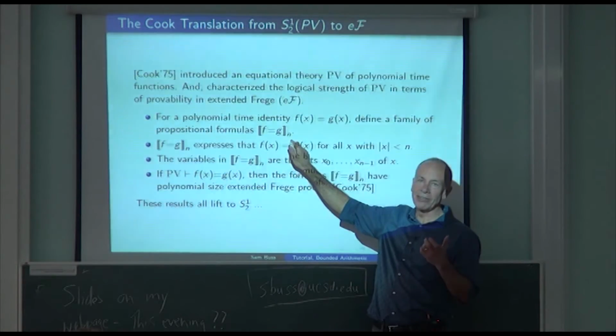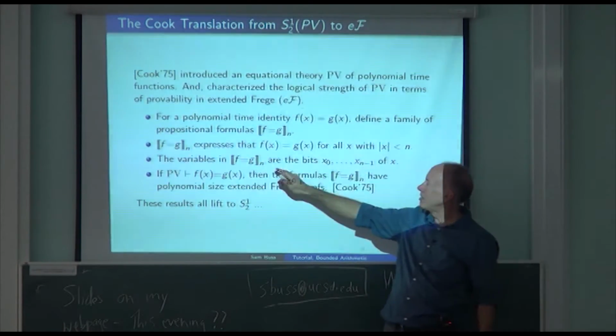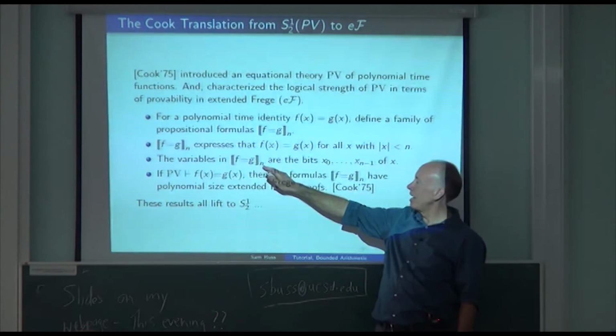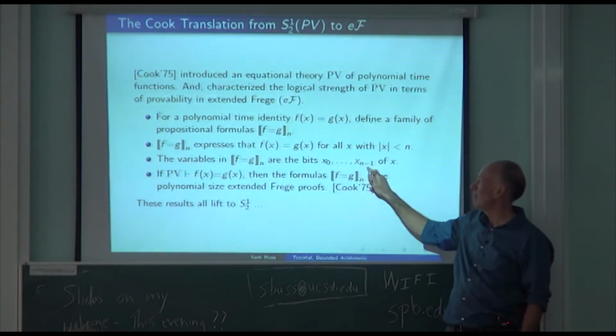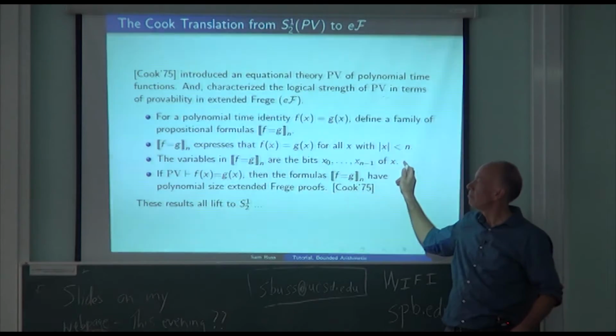So think of n as a particular integer like 17, and there's a formula. Basically what this formula says is that when you have x of length n, the identity is valid. The variables in f equals g sub n are the bits x0 through xn minus 1 for the n-bit number x.